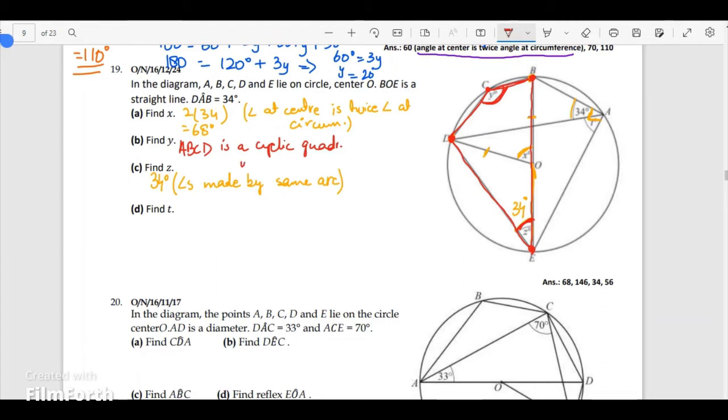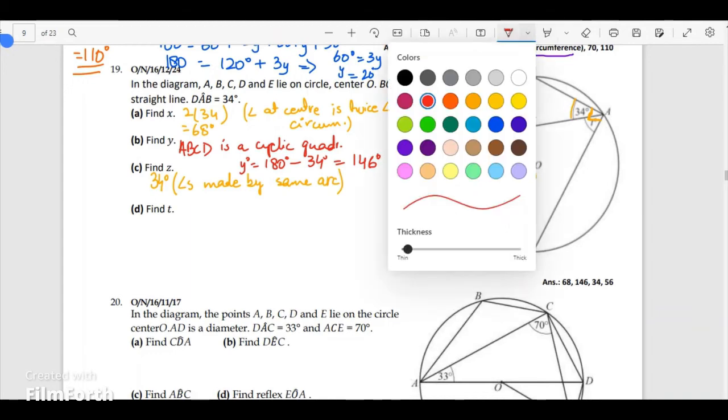So y degrees would be equal to 180 degrees minus 34 degrees. So 180 minus 34, the answer is 146 degrees. That's it.